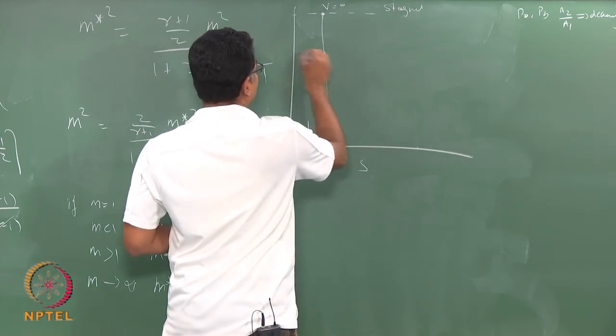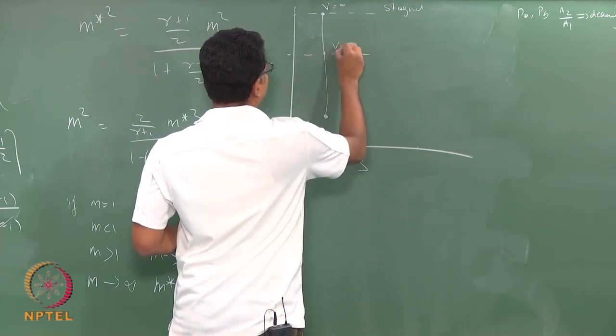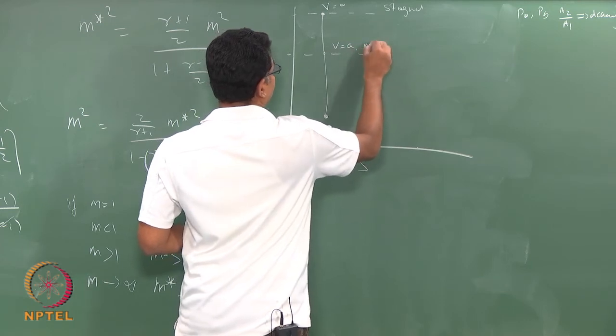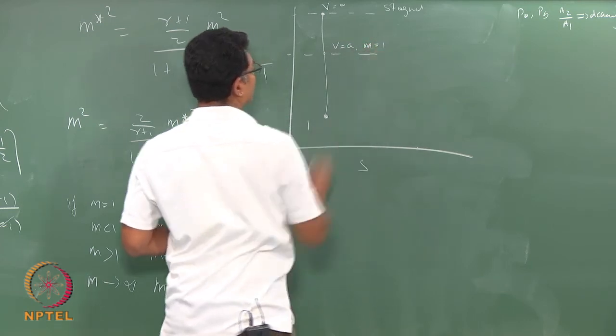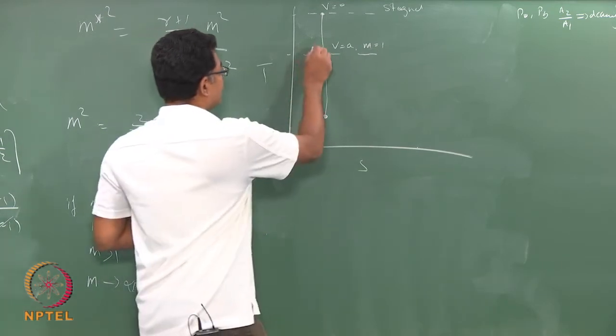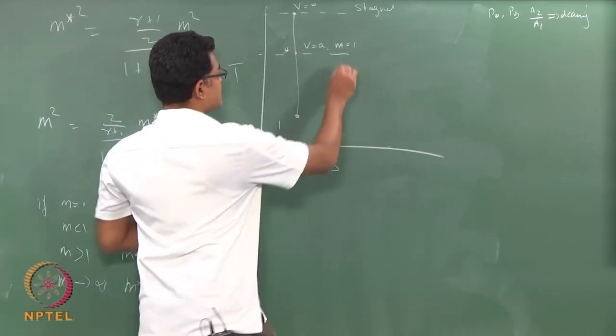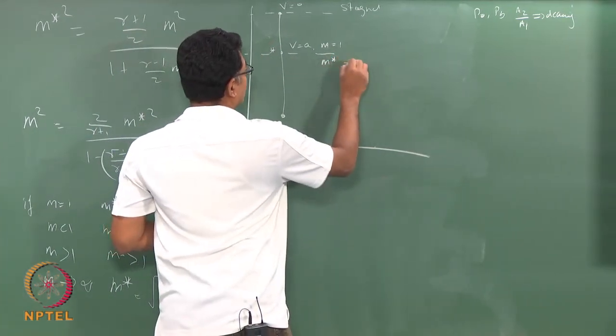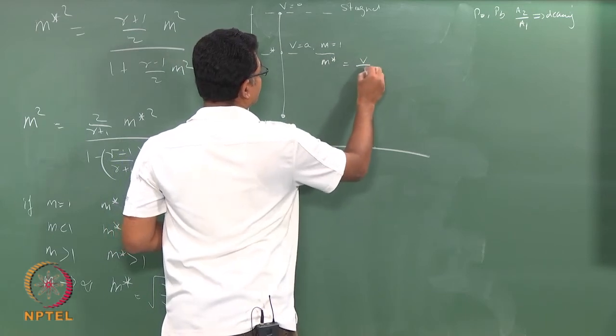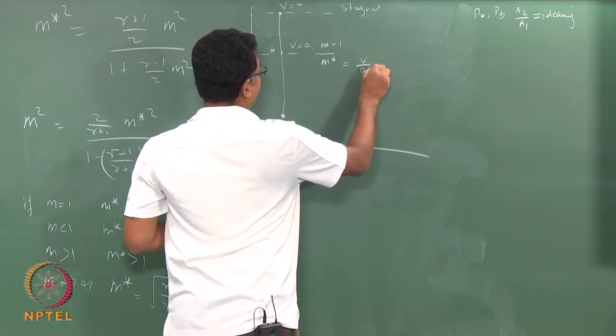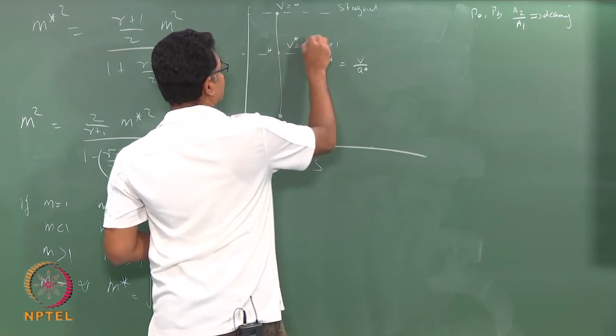Now I take it to a value where V equals A, meaning M equals 1, that is my star condition. So my M star is my V by A star. So this is my star value.